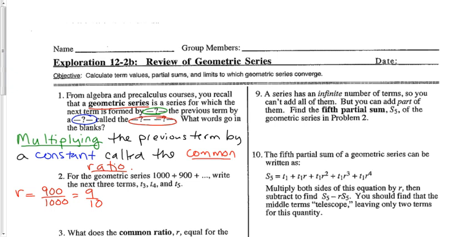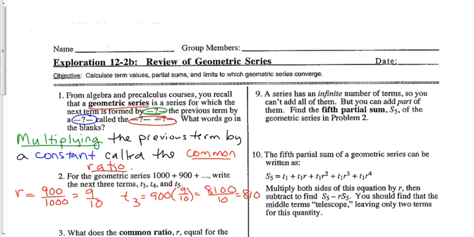And so to find term 3, that's going to be 900 times 9 over 10. And that comes out to be 8100 divided by 10, which is 810. So that's term 3.